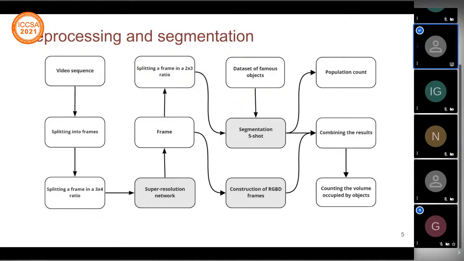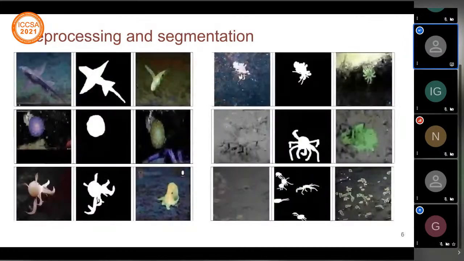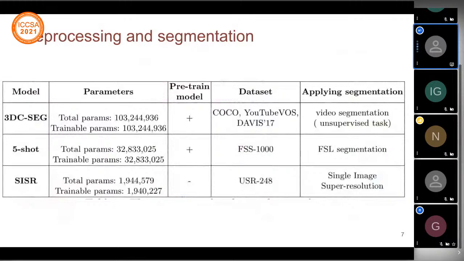The slide shows the input data or masks and the resulting segmentation of 5-shot, 5-way. A more detailed description of the neural networks which we used is presented in the table, where the first was used to form a dataset, the second solved the few-shot learning problem, and the last one increased the resolution of the incoming frame.